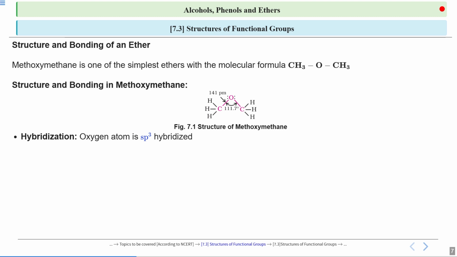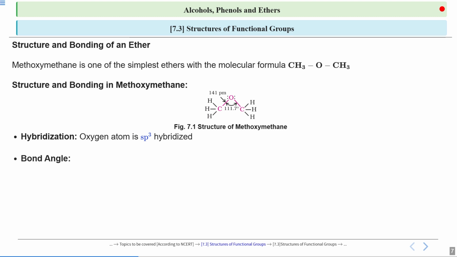Sp3 hybridized means it is arranged kind of tetrahedrally. So the oxygen atom in the ether is sp3 hybridized, and the lone pairs and the bond pairs present on the oxygen are arranged in a tetrahedral manner.